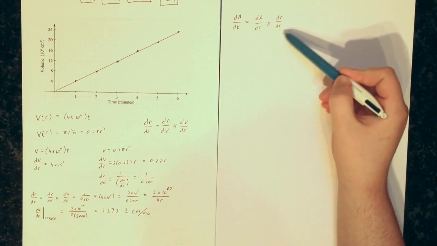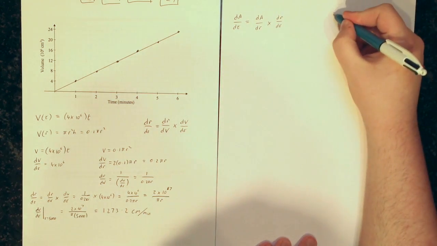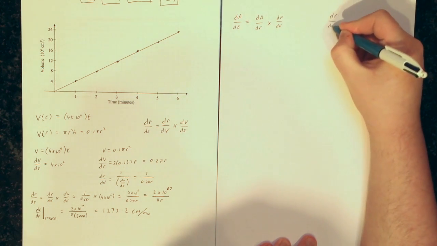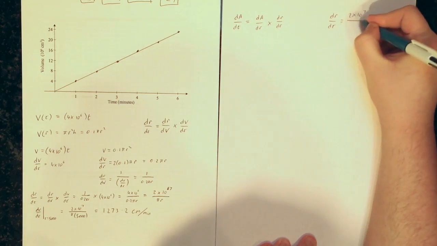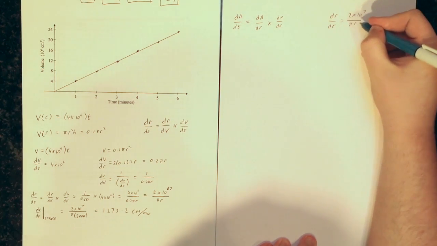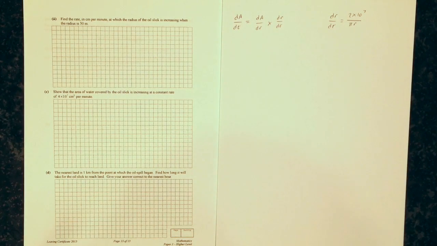So we already know this term, and we only have to find this one. So now we just have to find out what is dA/dr, and we can multiply these two terms to get dA/dt, which is what they're asking us for.